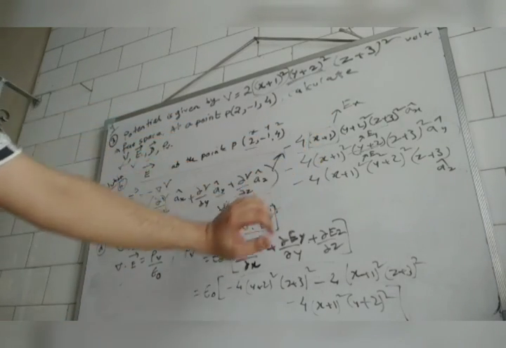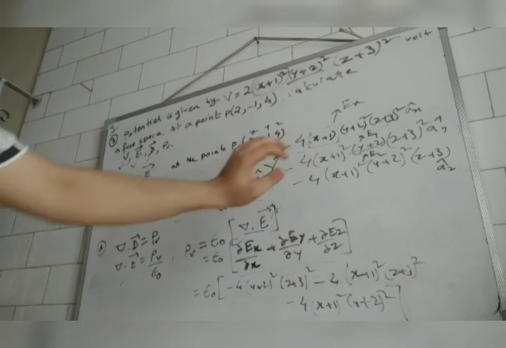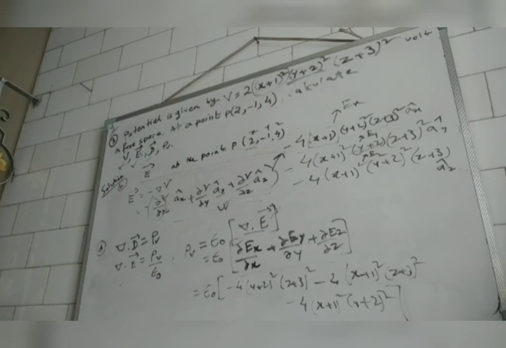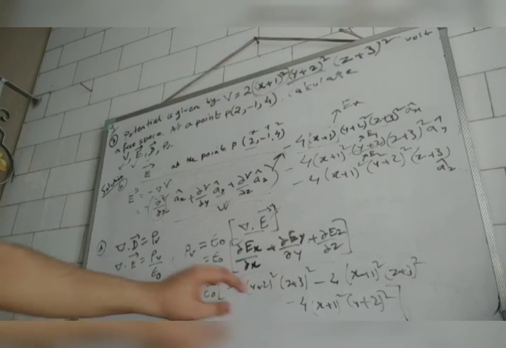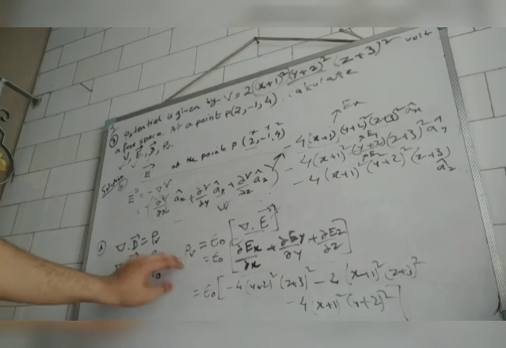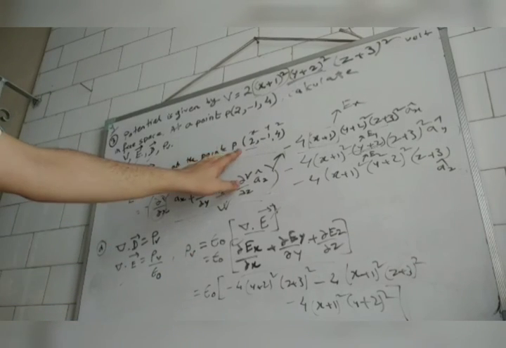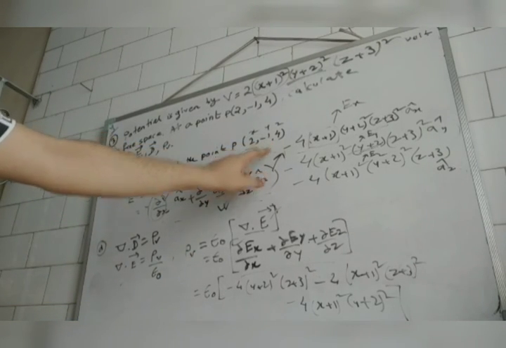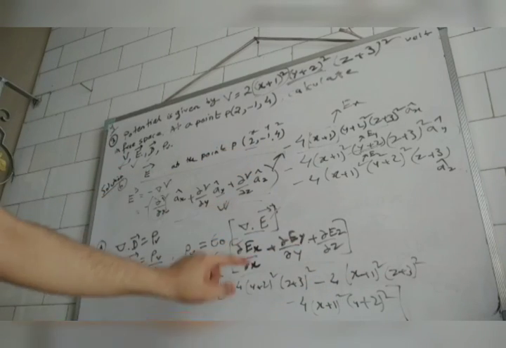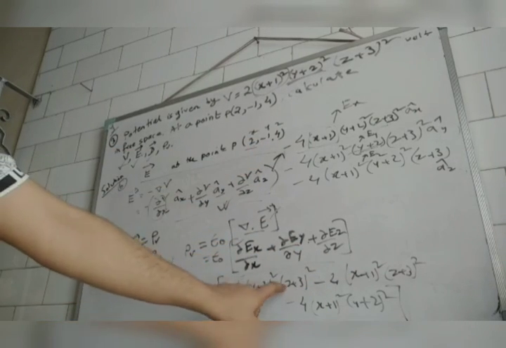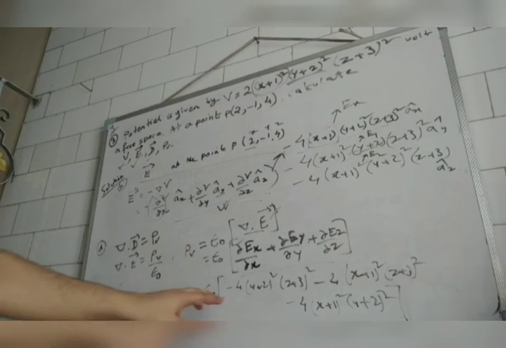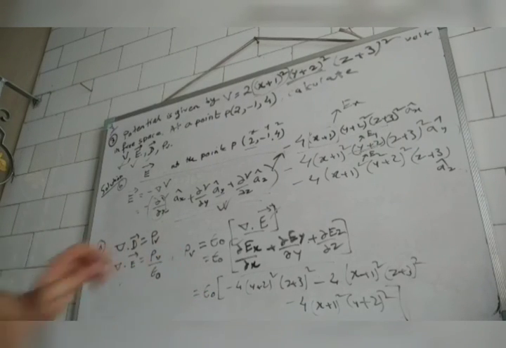So we have differentiated this with respect to x, this with respect to y, and this with respect to z, because this is our formula. Now you have been asked to calculate the volume charge density at the point (2, minus 1, 4). Instead of x you write 2, instead of y you put minus 1, instead of z you put 4, and multiplying by the permittivity you get rho v.